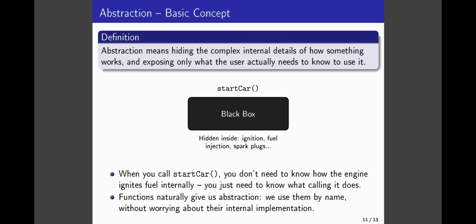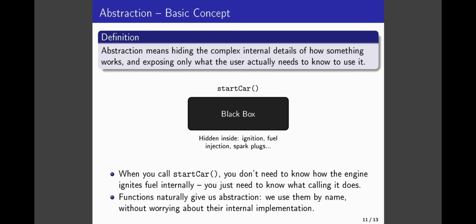And now a concept that functions naturally give us, whether we realize it or not: abstraction. Abstraction means hiding the complex internal details of how something works and exposing only what the user actually needs to know to use it. Here we have a black box, which is start car.